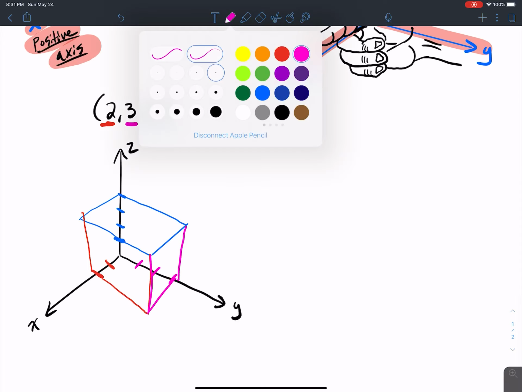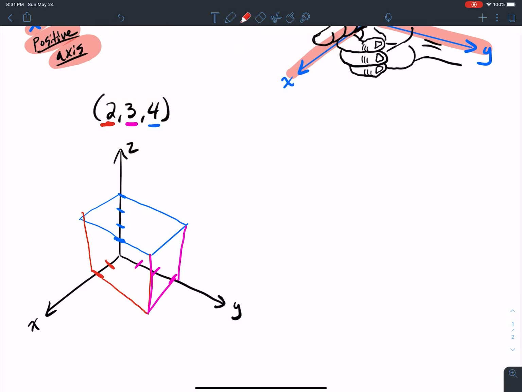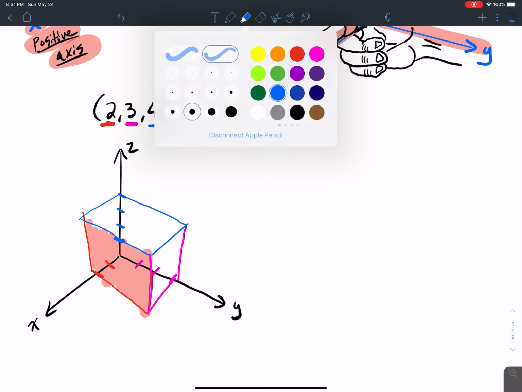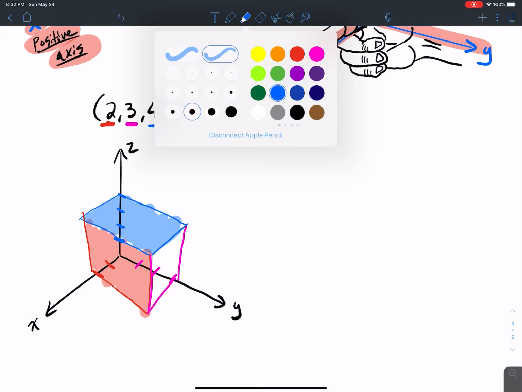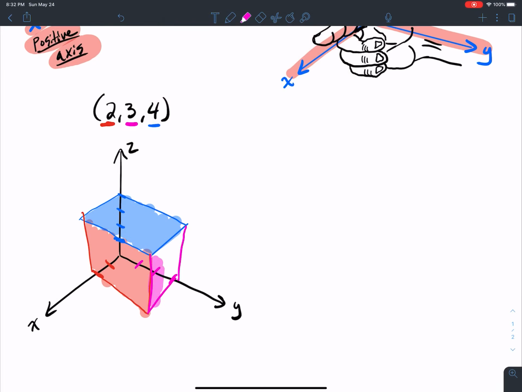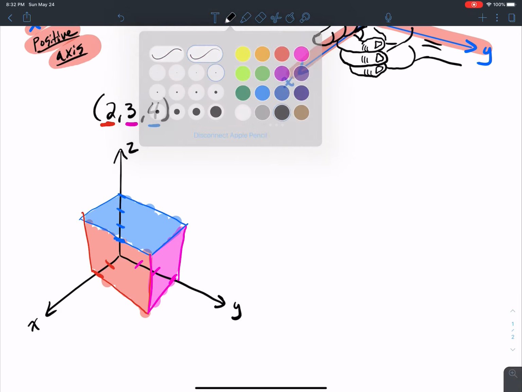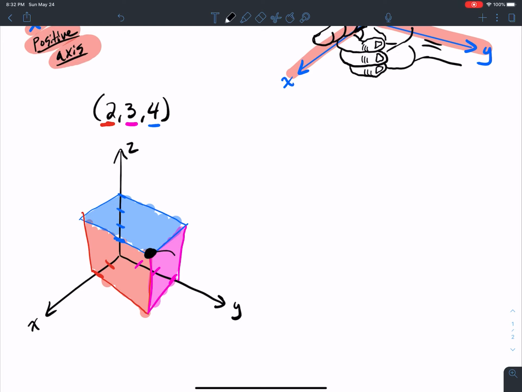Let me try to shade this a little bit, see if this works out. That's the red side, the top side's the blue side, and this side's the pink side. So this corner, that point right there, is 2, 3, 4.